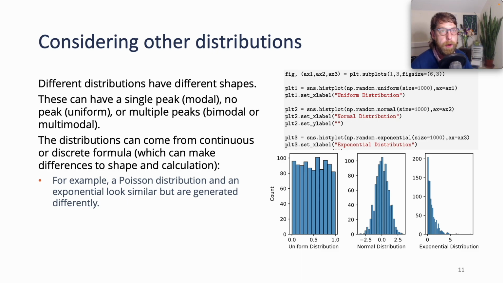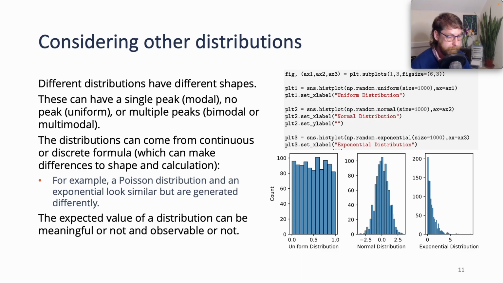The important part for our purposes is to think about whether the distribution has some sort of meaningful expected value, like a midpoint or a mean, whether it has different humps or lumps, which might imply different categories, or whether it's extremely skewed.